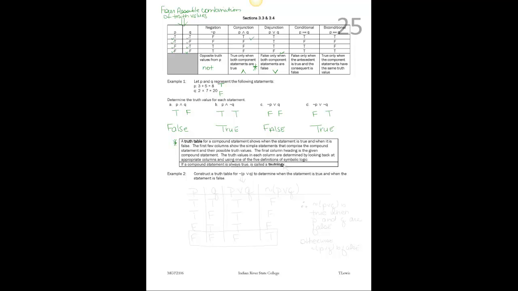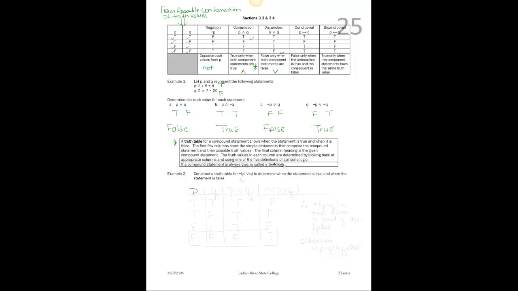So now, for example 2, we're going to construct a truth table for not, in parentheses, P or Q, to determine when the statement is true and when it is false. I'm going to show you how to construct this truth table. We're going to start off with the 4 possible combinations, which you need to know.